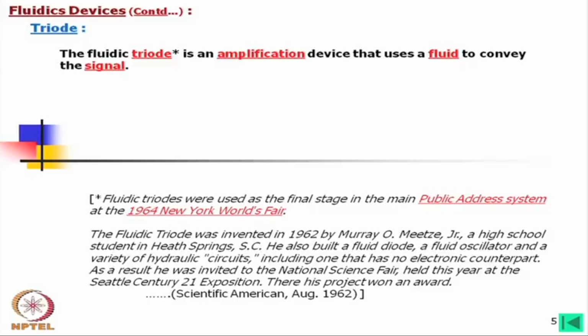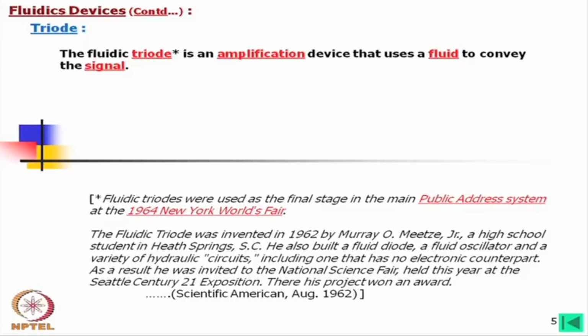Obviously, it is not an electronic device, rather a mechanical part along with fluid parts, and he built a fluid diode, a fluid oscillator and a variety of hydraulic circuits, including one that has no electronic counterpart as yet.